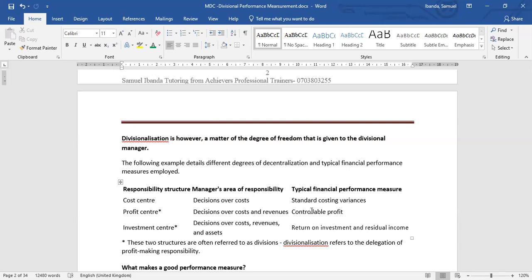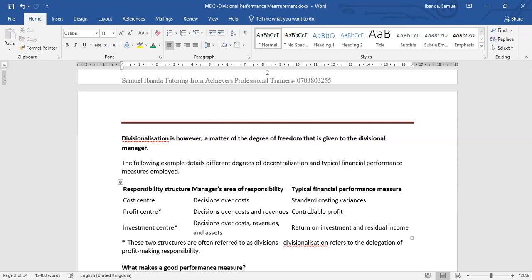If the head office has rent, in most cases, the head office maybe will not be running the normal selling. It's basically a control office. So it means that its cost is distributed. Maybe they say 10% on every branch. Now the manager has no control over either increase or decrease in that amount. Okay, so that is a cost that is outside their controllable costs.